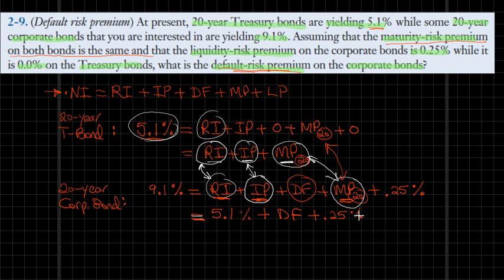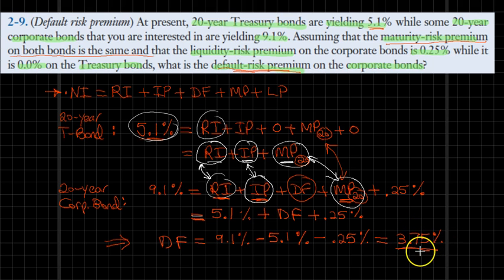Moving things around and solving this equation, we realize that the default risk premium is simply equal to 9.1% minus 5.1% minus 0.25%. Making this calculation, we find the answer to be 3.75%. So that would be the default risk premium of the 20-year corporate bond. So that solves our problem.